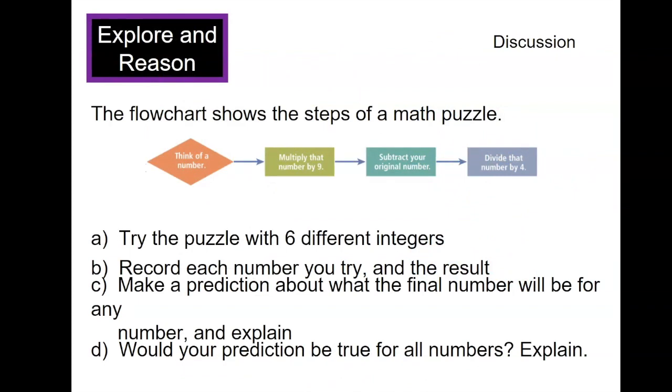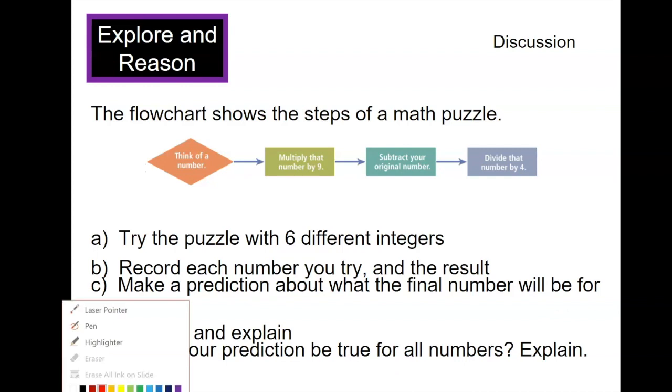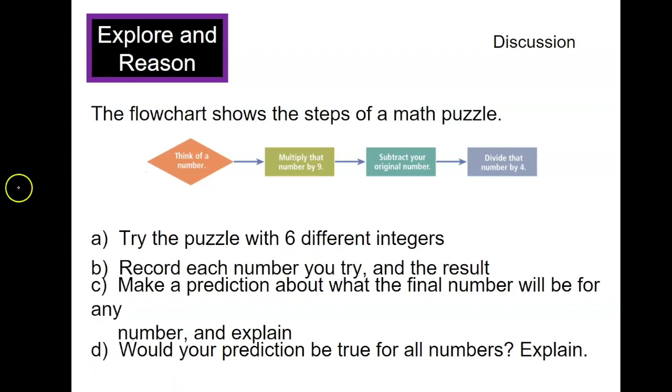So this is the first section in your book for lesson 3.2. It's on page 53. So turn there, and let's look at this example. The flow chart shows the steps of a math puzzle. You think of a number, multiply that number by 9, subtract your original number, and divide that number by 4.